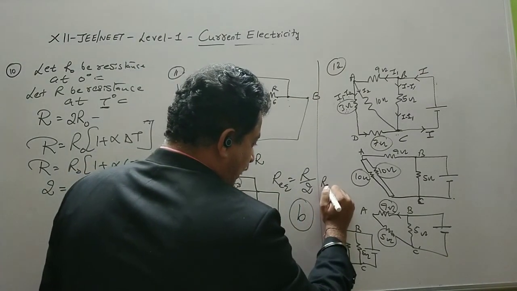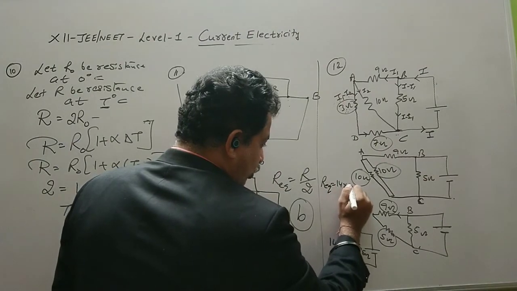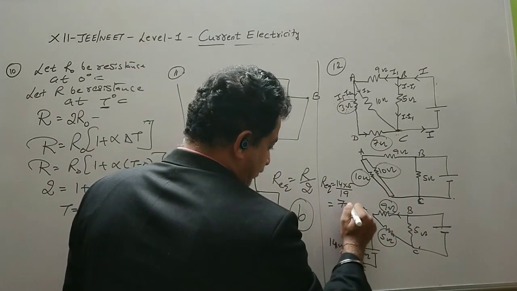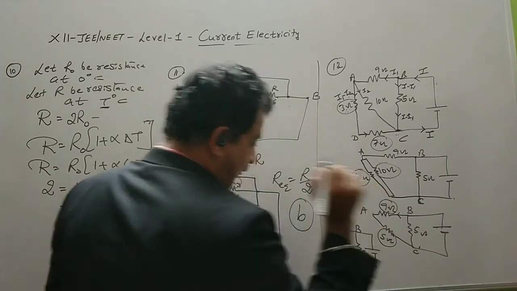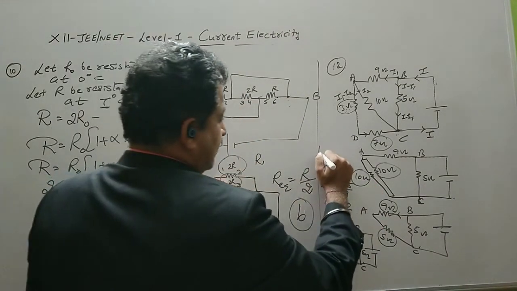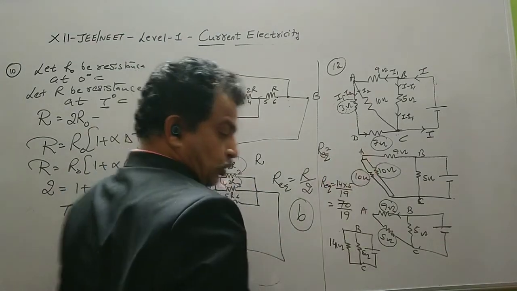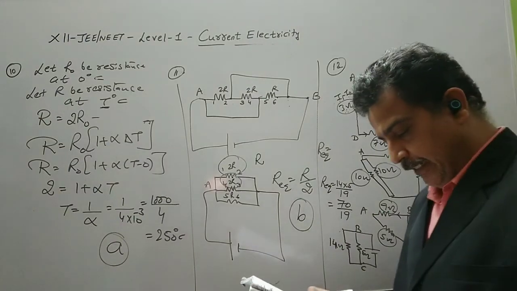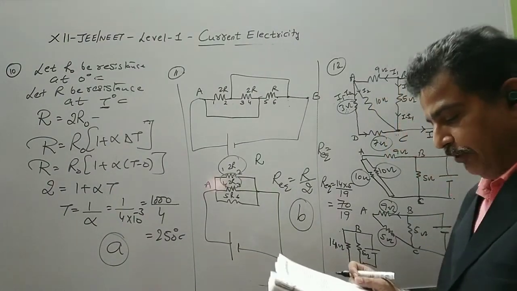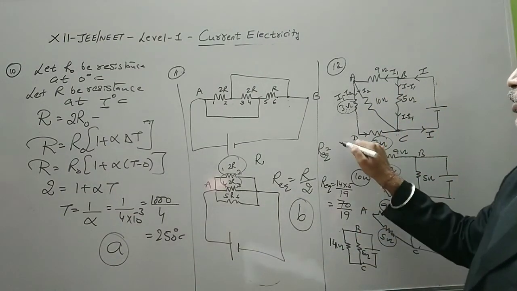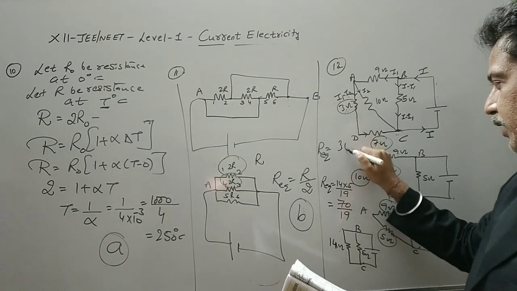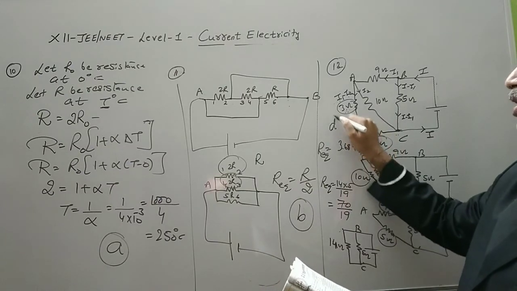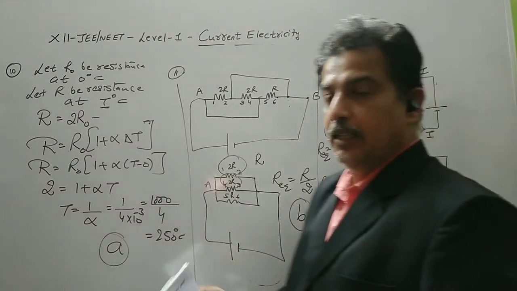So R equivalent is equal to 14 into 5 divided by 14 plus 5, 19. So this becomes 70 divided by 19. That is 3 point something. So if we refer to the options, we have only option D, which is 3 point something, others are 5.2, 0.4 and so on. So this answer comes out to be 3.684, that is option number D.